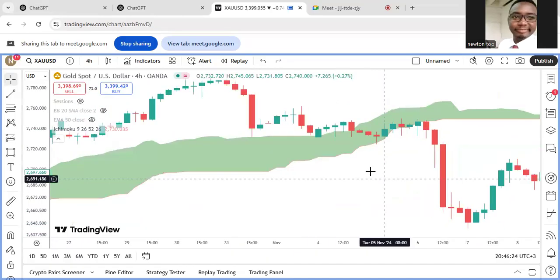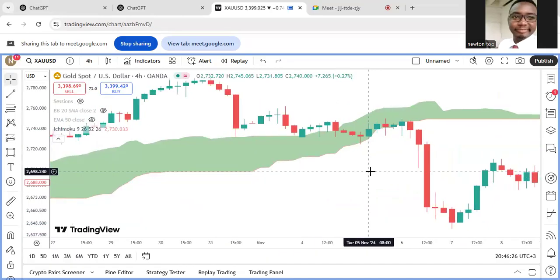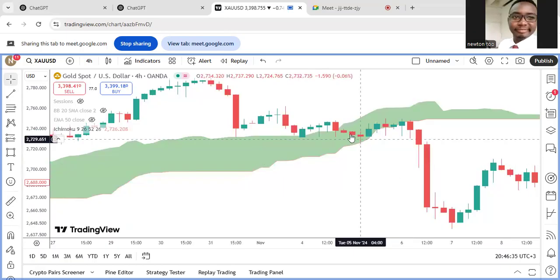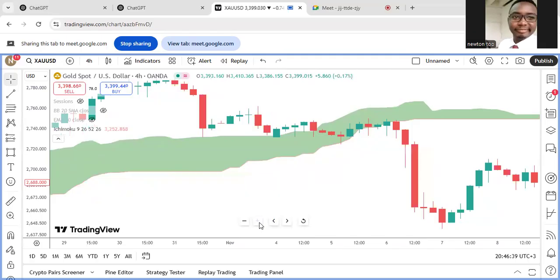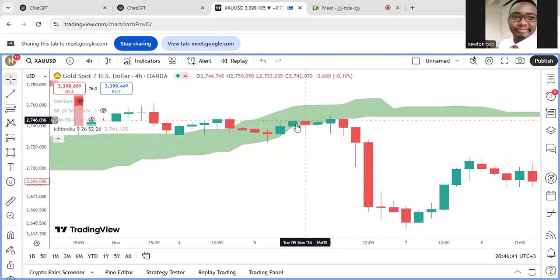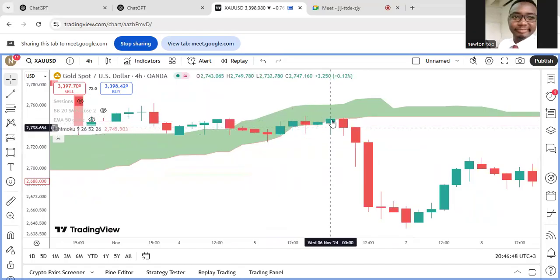If you're keen to check what's going on right now in the market, you can see this candle has not broken below the cloud. This candle does not break below the cloud. This one also did not even break it.